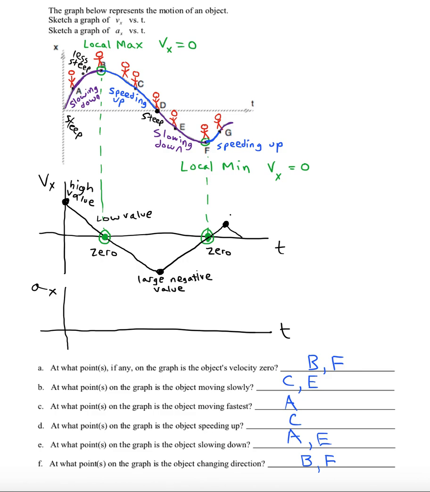Now over here we see that there's actually a frown face, and a frowning curve would indicate negative acceleration. We can also see that same idea because the velocity has a negative slope, and the acceleration is the slope of the velocity. So we want a negative value here.